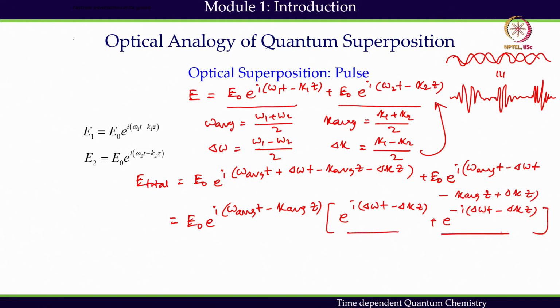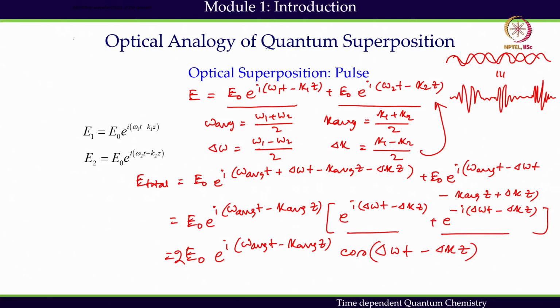These are complex conjugates of each other, so I can write 2 E naught e to the power i(omega average t minus k average z) times cos(delta omega t minus delta k z).